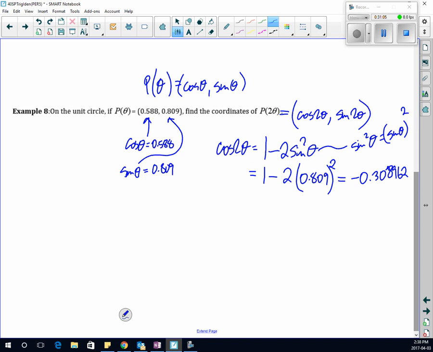Okay. So what is sine 2 theta equal to? Well, there's only one formula for that. That would be 2 sine theta cos theta. So I'm going to substitute sine theta with 0.809 and cos theta with 0.588. And then I'm going to punch it in my calculator.